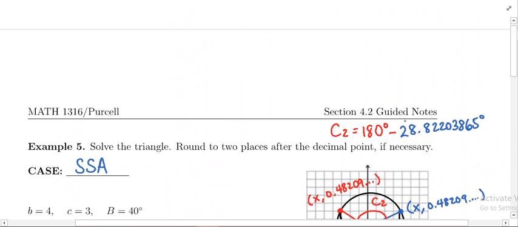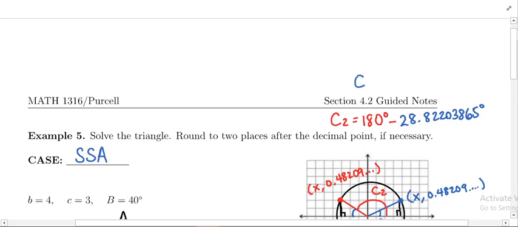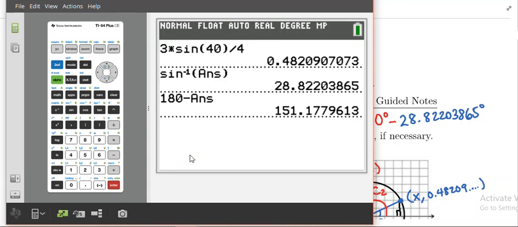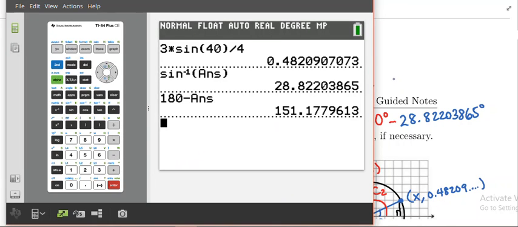That is what the potential second angle would be for C. If you plug this into the calculator, you can do 180 minus that result. So the other angle C would be about 151.18.